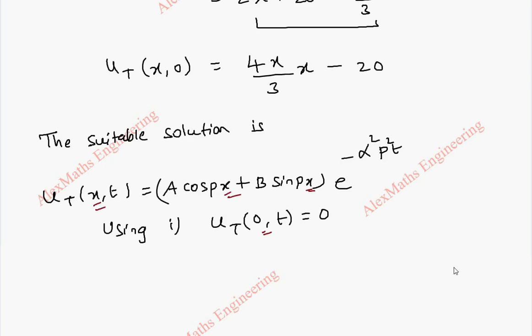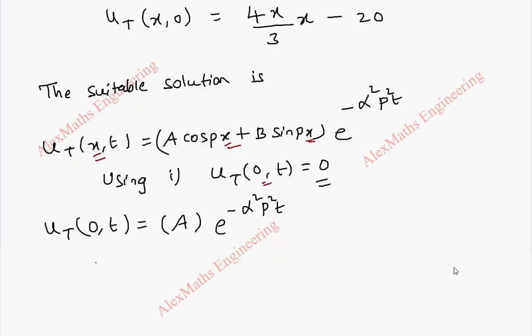So u(0, t) becomes A into cos 0, which is 1, sin 0 is 0. So we have only A e^(-α²p²t), and this value is 0. So totally 0 = A e^(-α²p²t).